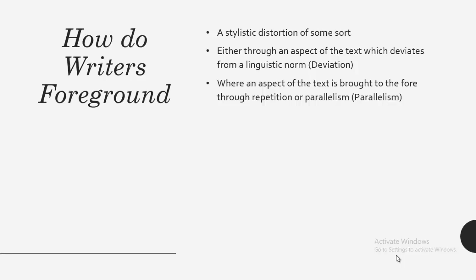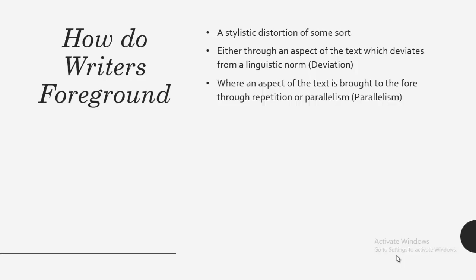So if a writer deviates from linguistic rules or norms, from the rules and norms of the language, that word, phrase, sentence, or paragraph would be a deviated one, because the writer has gone away from the normal course, normal route, and normal way of writing something.